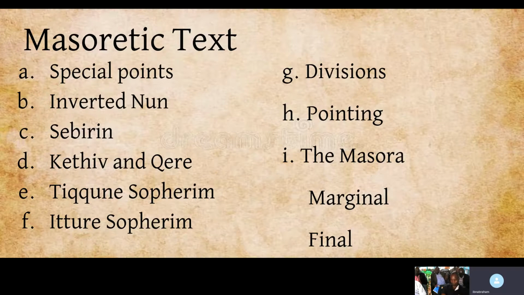Pointing. There are several different systems of pointing for the Masoretic text. There's a Yemenite tradition, there's a Palestinian tradition, there's a Babylonian system. The type of system that we're used to in the Hebrew Bible that we have typically for our research and scholarship is called the Tiberian system.